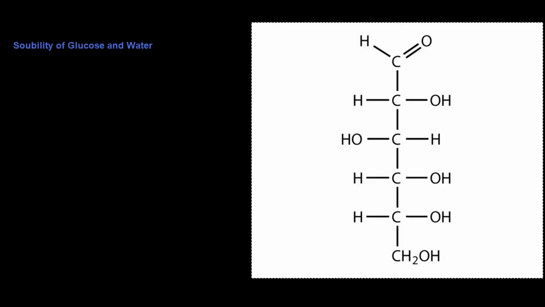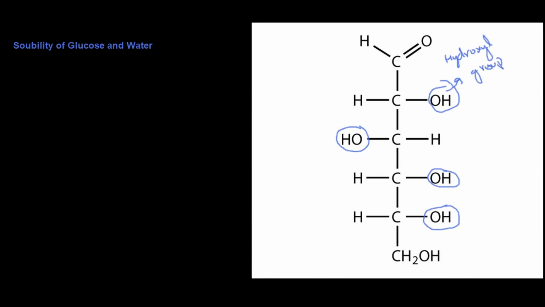Now as you can see in the structure of the glucose molecule, we have a large number of hydroxyl groups, OH, OH, this is OH. These groups are known as hydroxyl groups.